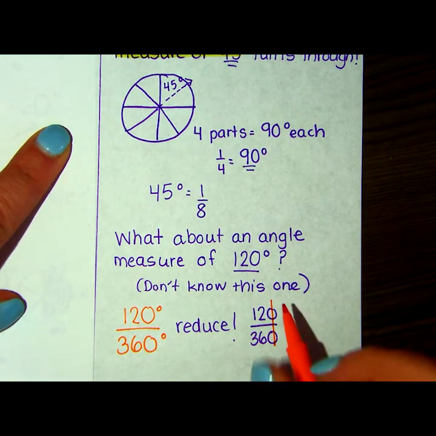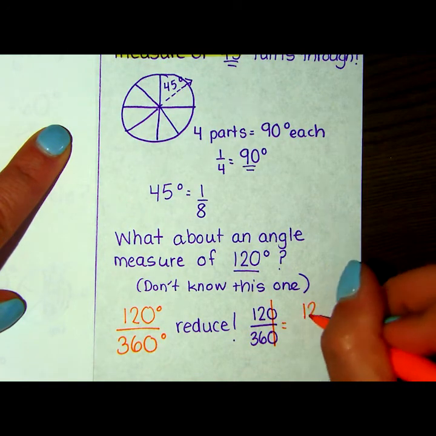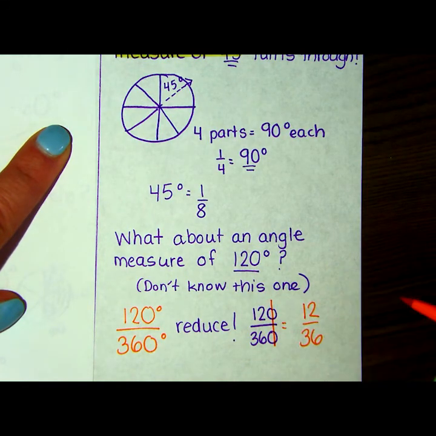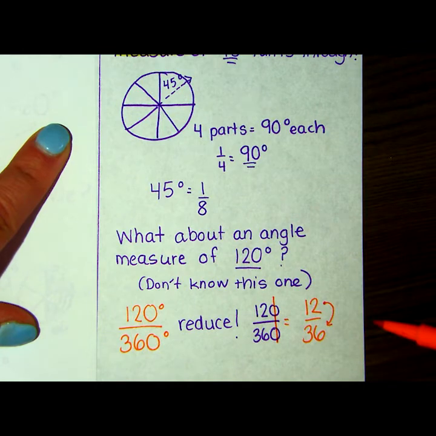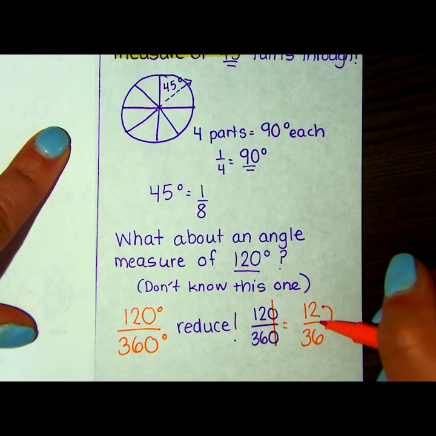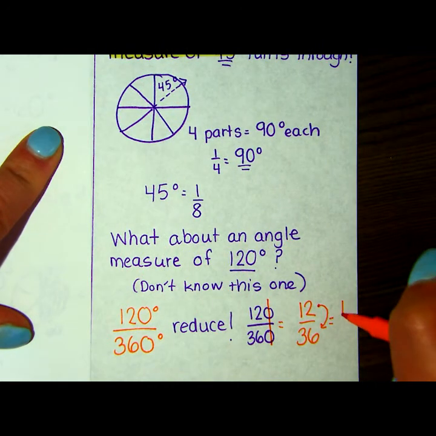Now I'm left with a fraction of 12/36. And I can think in my brain, how many times does 12 go into 36 without going over? Well, 12 can go into 36 3 times. So that would reduce to 1/3.